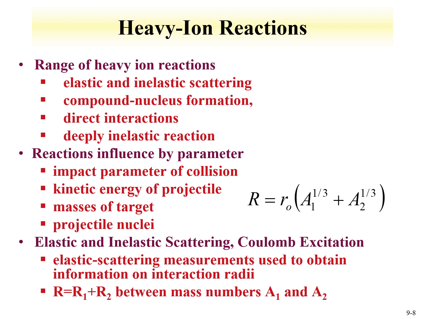Another route of reactions is moving from lighter particles to heavier particles. As opposed to using a proton, think about bombarding a nucleus with something like oxygen-16. These heavy ion reactions are in many ways similar to light ion reactions, where we can have elastic and inelastic scattering, compound nucleus formation, direct interactions, and deeply inelastic reactions.